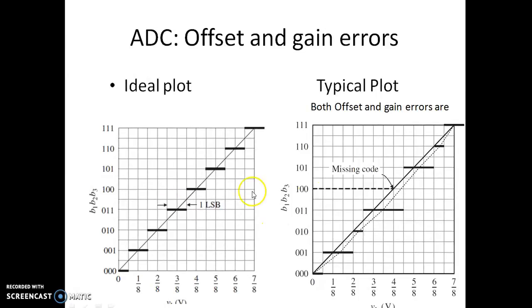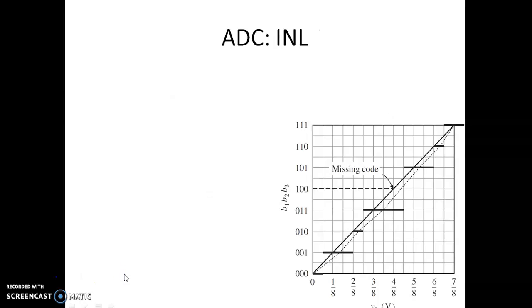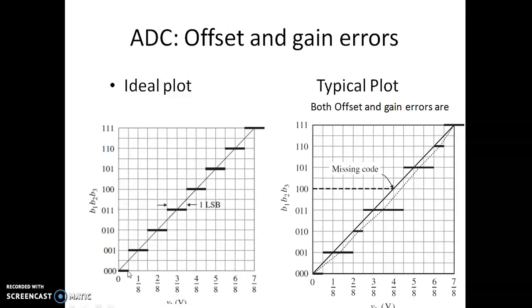Just have a look at these two plots, the ideal plot and the typical plot. See here, in the ideal plot, there is a transition happening for every odd half LSB. This is half LSB here, and at half LSB there is a transition happening.